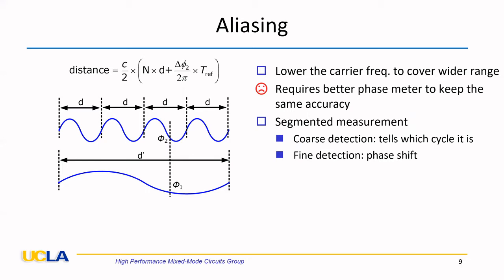Instead of sending just one carrier, we can send out two carriers at the same time, one at a low carrier frequency to cover the wider range, and another at a high frequency for the phase detection. The coarse measurement quantizes the time of flight into cycles of the high carrier frequency. And once we know which cycle it is located in, the fine detection takes over and we measure the phase shift within a cycle.